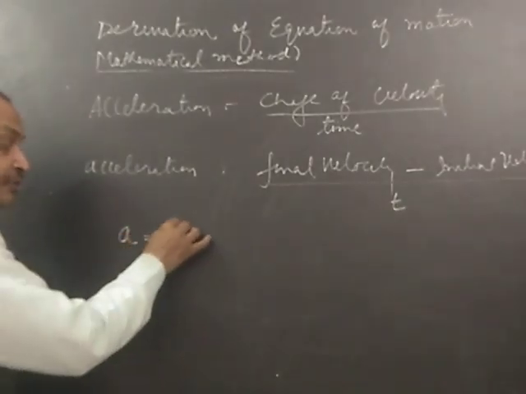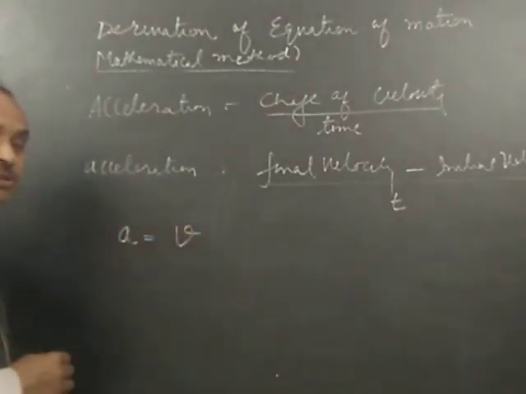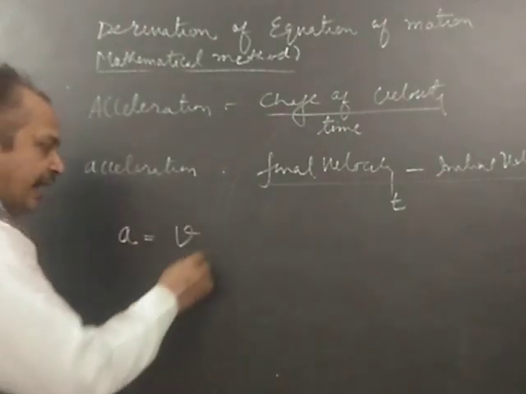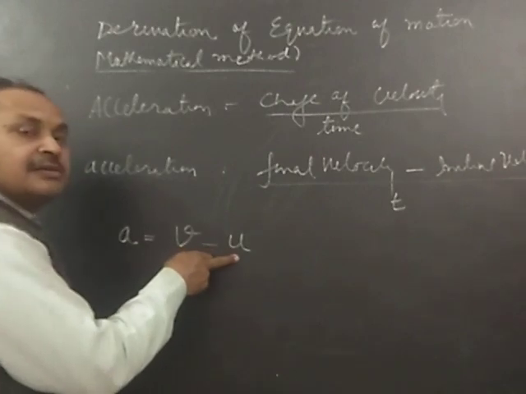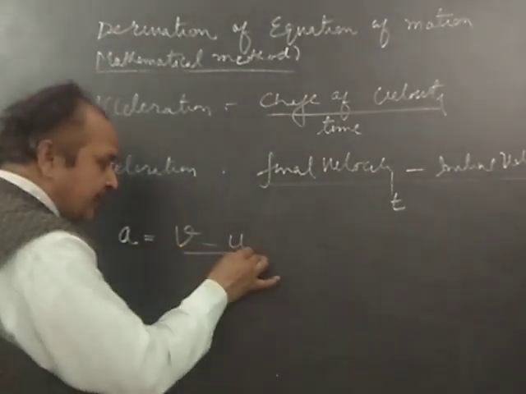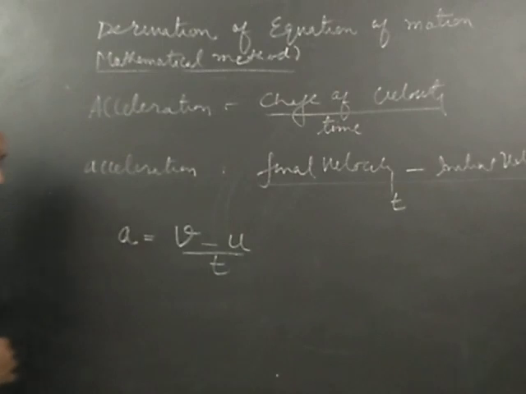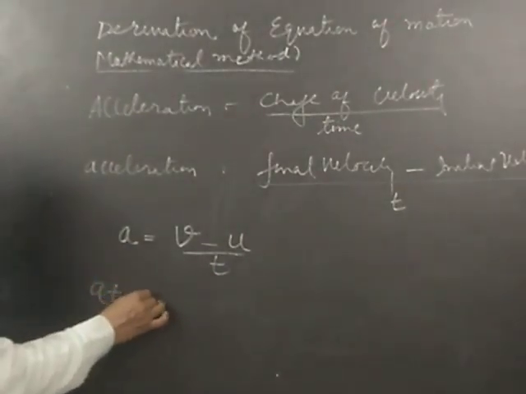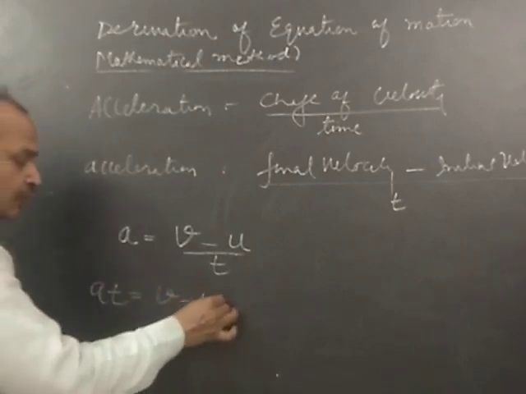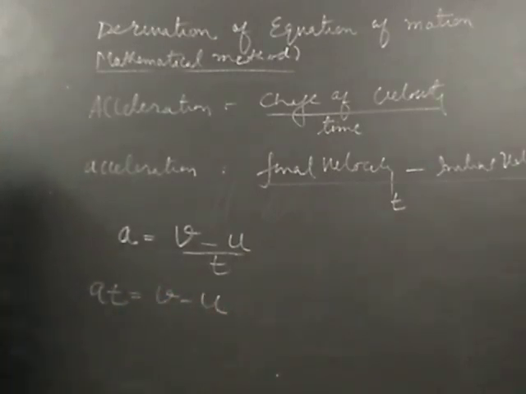What is the final velocity? I have given you in the introduction. It is v. And what is the initial velocity with which the body started? It is u, divided by the time t. So when you simply cross multiply, what you get is at is equal to v minus u.